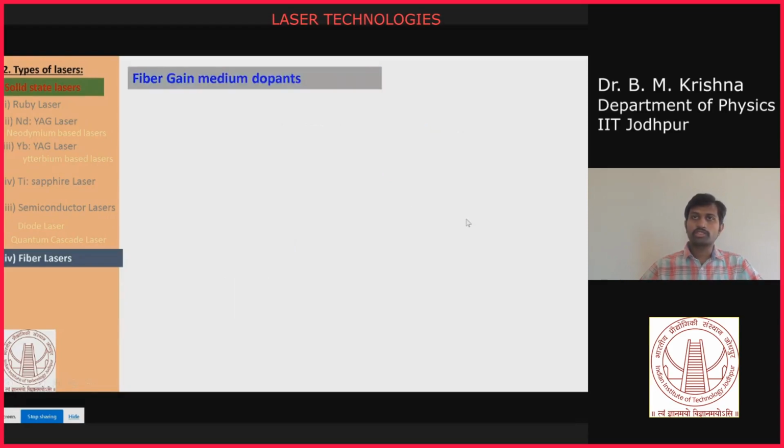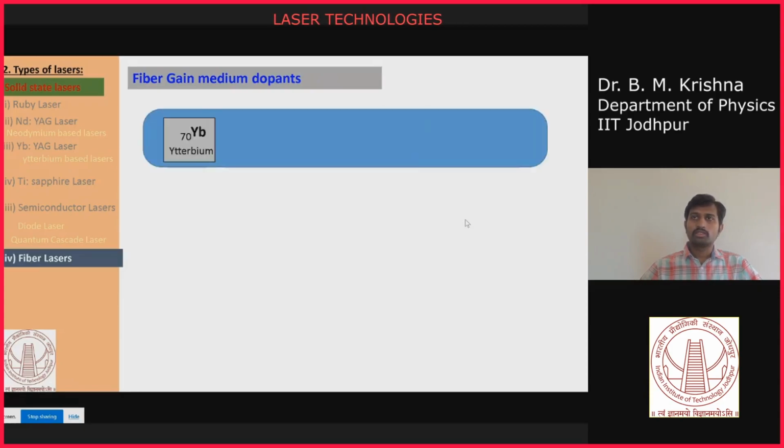Now we will see what kind of gain medium we can dope into the fiber, so that we can have an active medium inside the fiber. The most famous one is ytterbium. Ytterbium can be pumped around 940 nanometers and 965 nanometers.